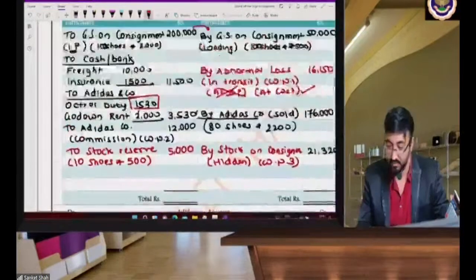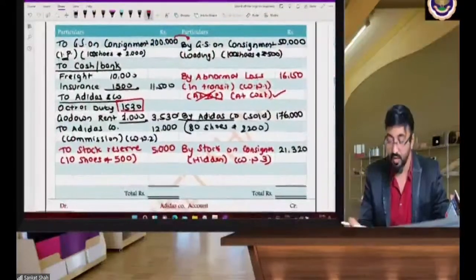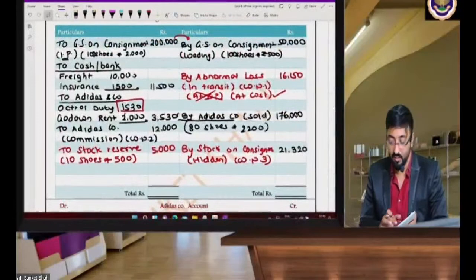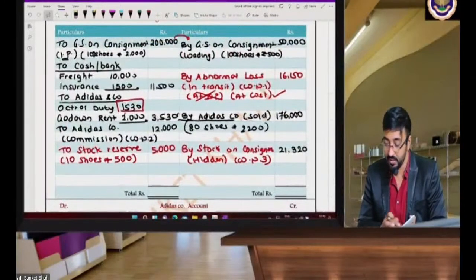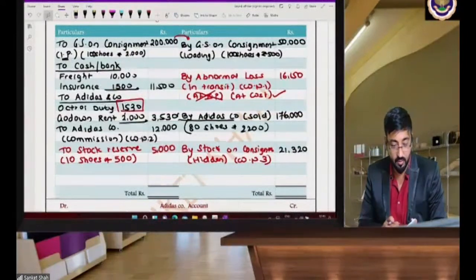Yes. And beta, now take a total. Now your question is over. Credit side 50 plus 16.15 plus 176 plus 21.32.